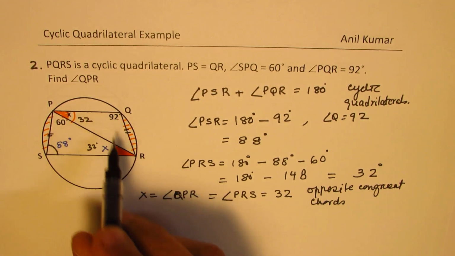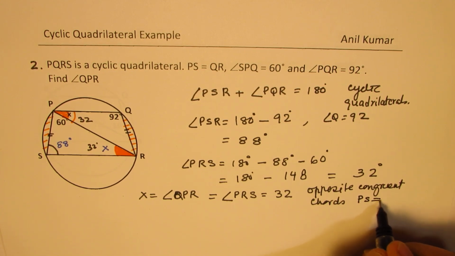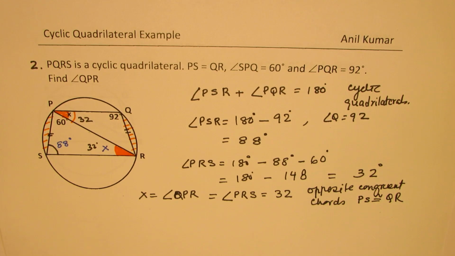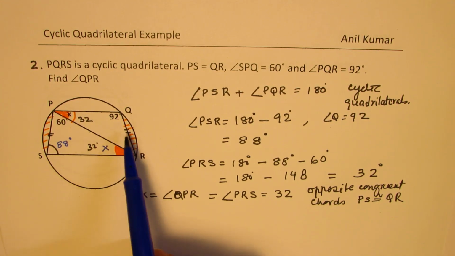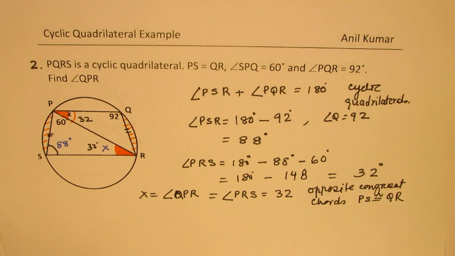Does that make sense? We are given that PS is congruent to QR. So those are congruent chords, and therefore they are equal. Perfect. Now, since most of the students are not using this property, they really find such questions very difficult. And that's the whole idea why I'm focusing on this in this particular video, right?